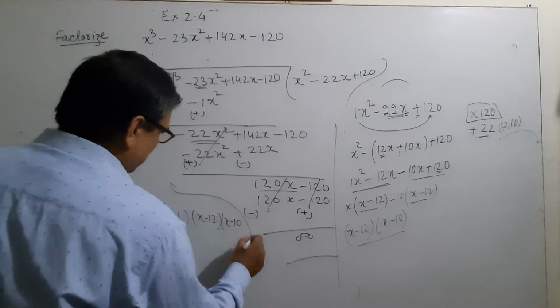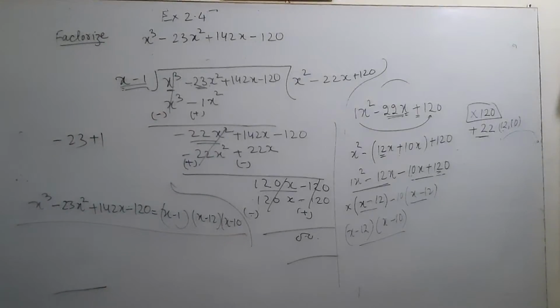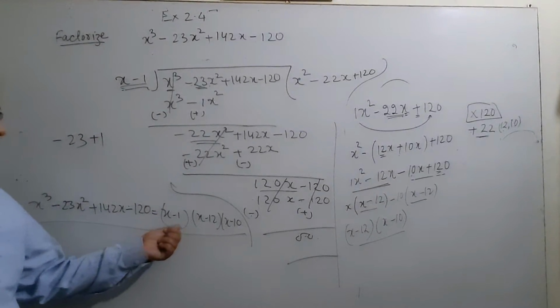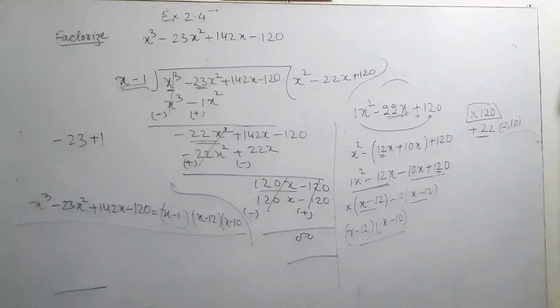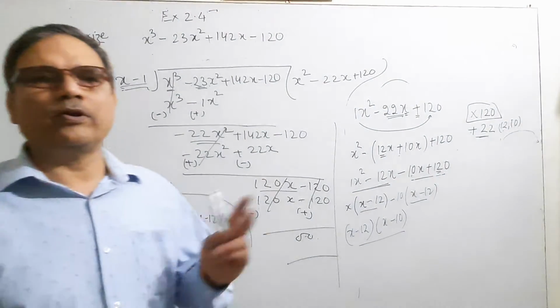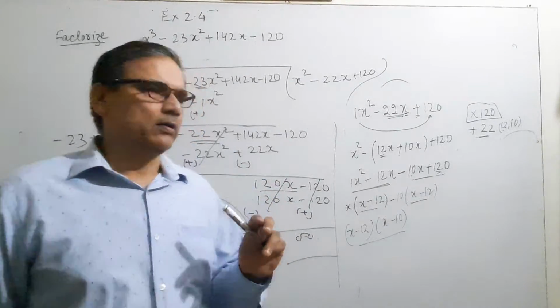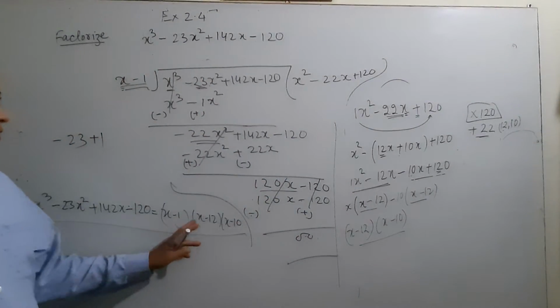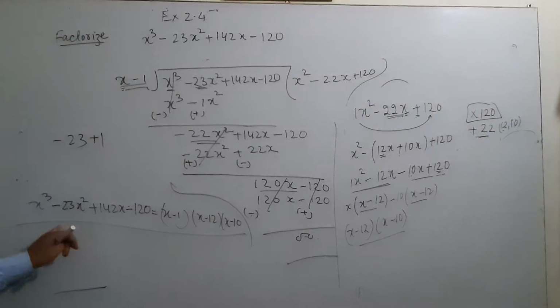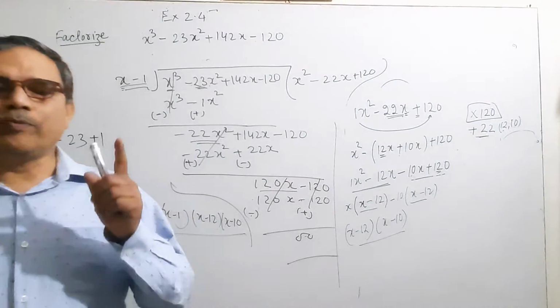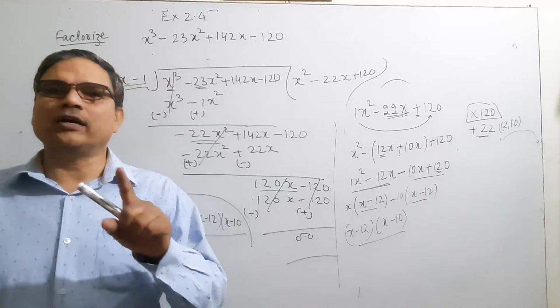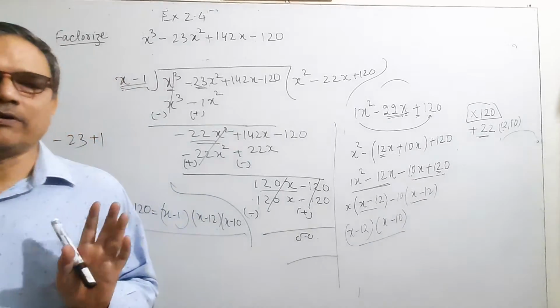These are the factors of the cubic polynomial. These are linear polynomials. It means a cubic polynomial can be expressed as linear polynomials, and there will be three linear polynomial factors of a cubic polynomial.